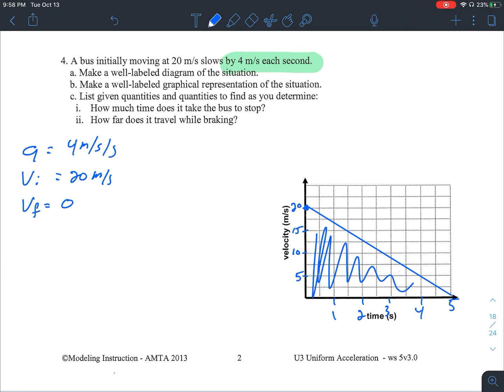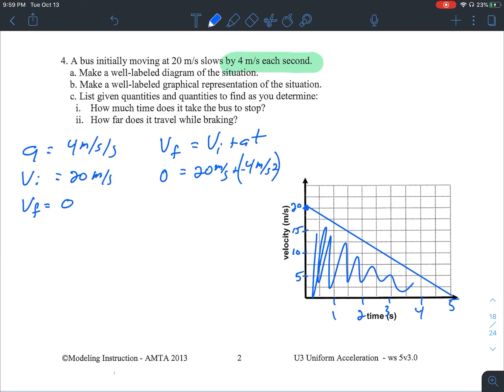If the graph wasn't that apparent to you in seeing how much time it would take, we could use equations to solve this. Since we don't have displacement, this is our only one that we can use. Our VF was 0. Our initial velocity was 20. Identifying what the acceleration was, which is negative.